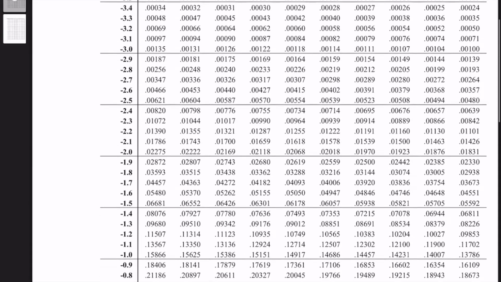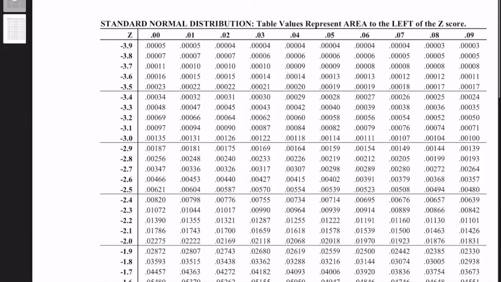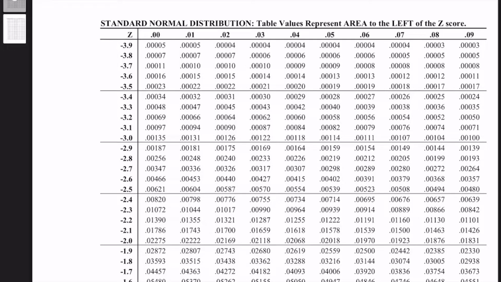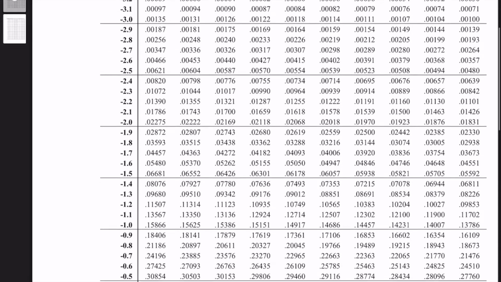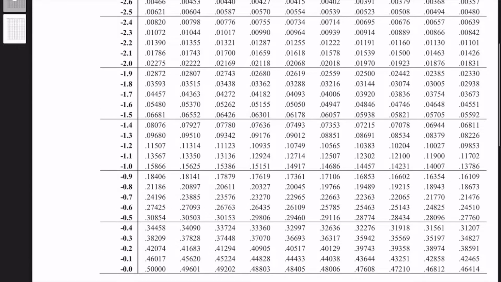Okay. So here's the z-tables. Remember, we're trying to get as close as we can to a 4-digit area of 0.0500. As we look around here, it may take a little minute, but here we go. Looks like we're getting close around here. We have a 0.0505, and we have a 0.04947.